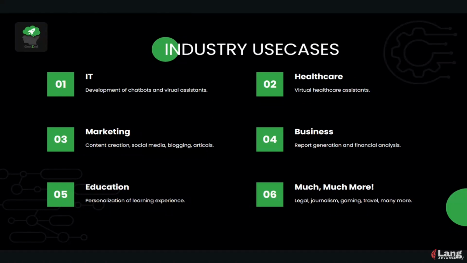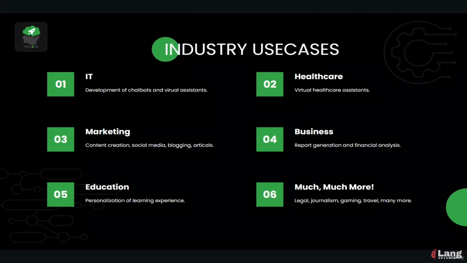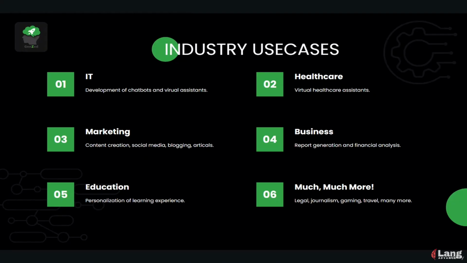This is particularly useful for businesses or marketing agencies that need to generate a large volume of content on a regular basis, as ChatGPT can help automate the content creation process. And when I'm talking about these industries, IT, healthcare, marketing, I'm not just talking about the large corporations. It's also the small businesses, the individual professionals, the students within these spaces who are really leveraging ChatGPT to its fullest utility.